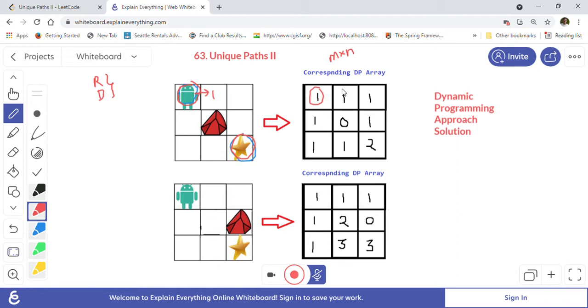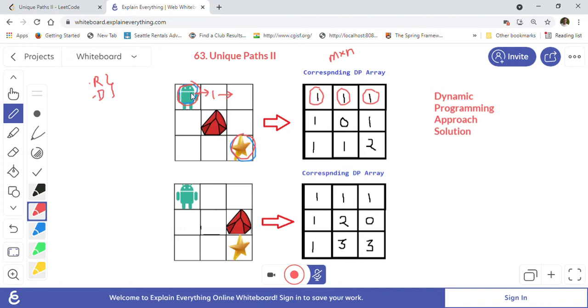So we will just write one here in the dp array. And if the robot wants to reach this cell, it will again walk to the right, and there is only one way to reach there, because we only have two directions, either right or downwards. So we have filled the first row.